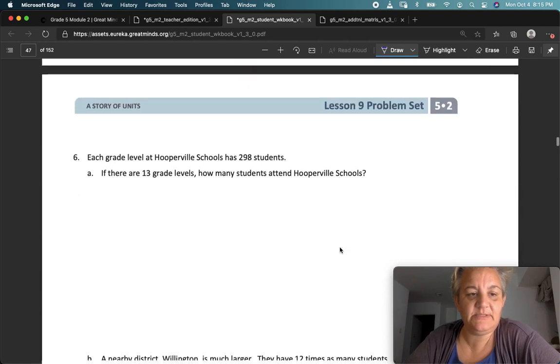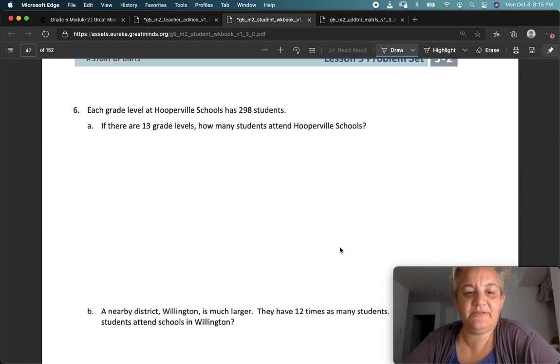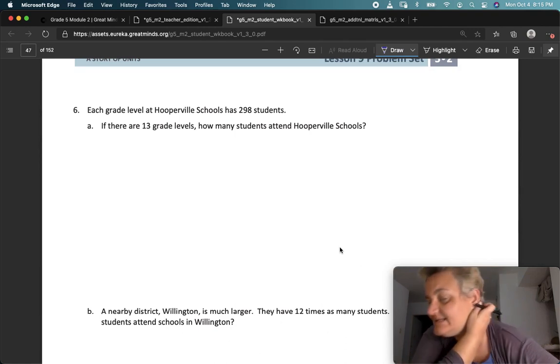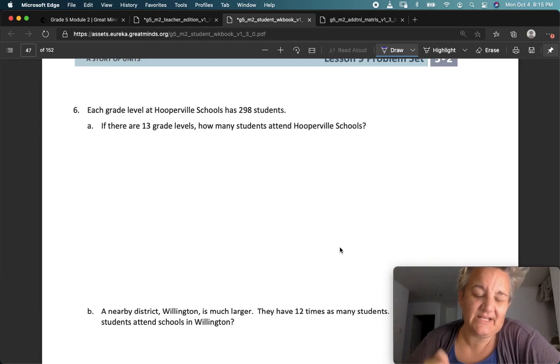Okay, number 6. Is this the last page? Yes. Number 6, each grade level at Hooperville schools has 298 students. Wow, that's very exact. If there are 13 grade levels, that includes kindergarten through 12th grade, how many students attend Hooperville schools?